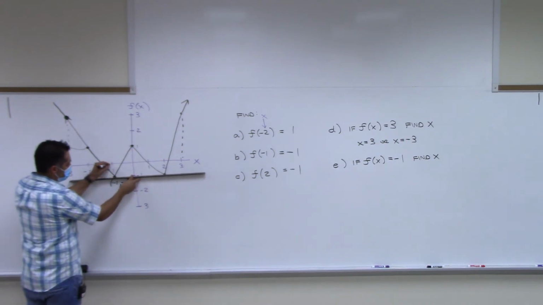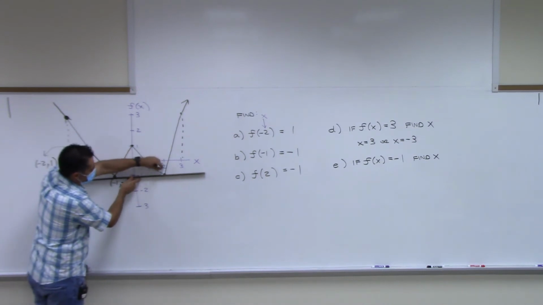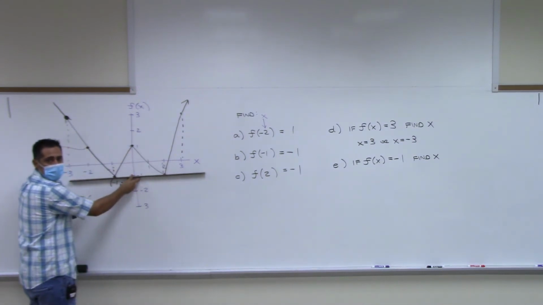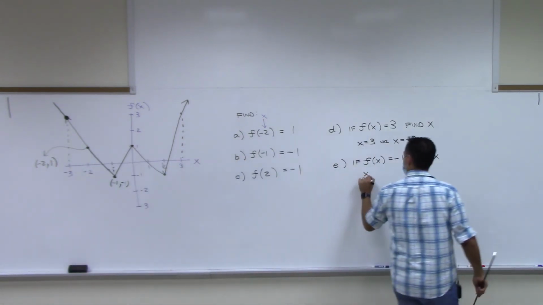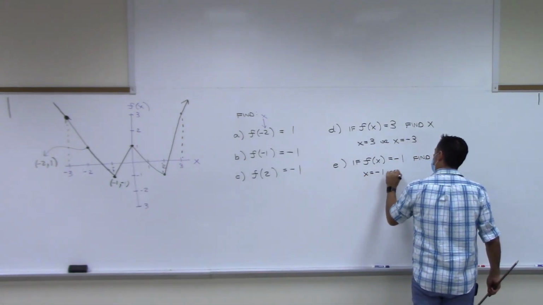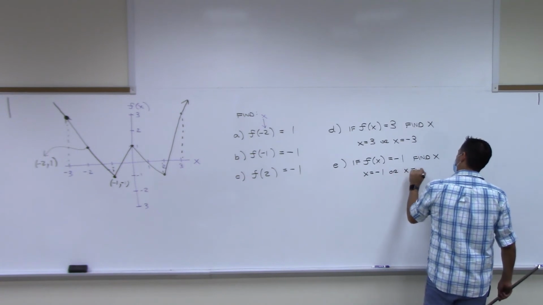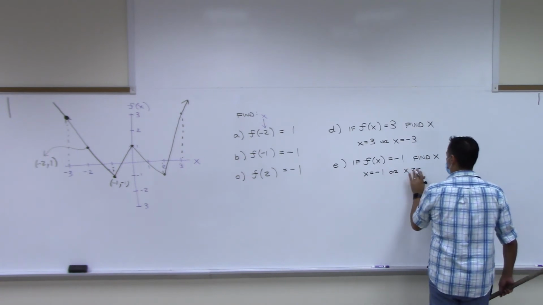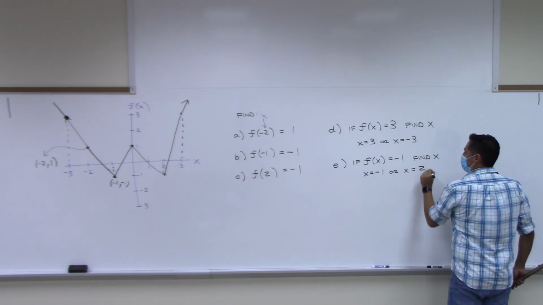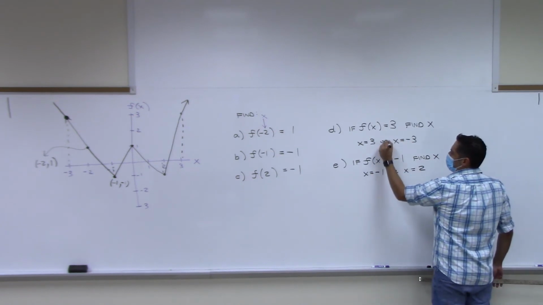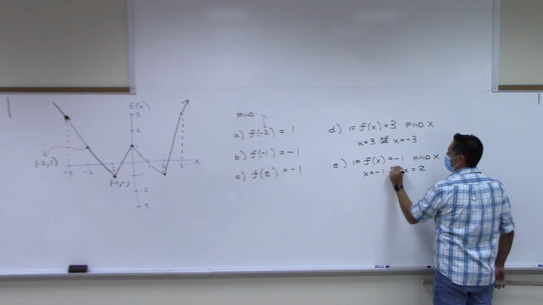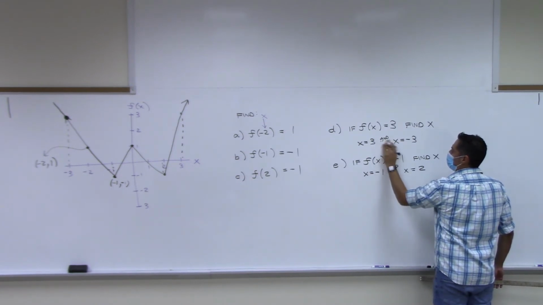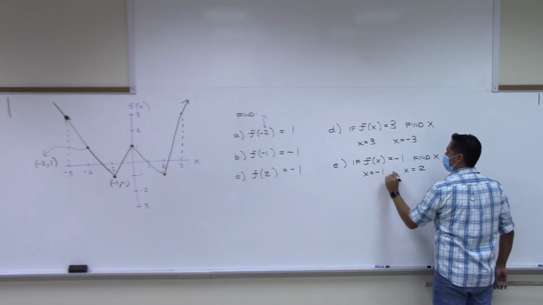At negative 1 and at 2. Yes? At negative 1 and at 2. Negative 1 and 2, sorry. I guess you could put, instead of or here, you could put and. Because it's 2 places that it happens, right? There and there. Let's just do that.